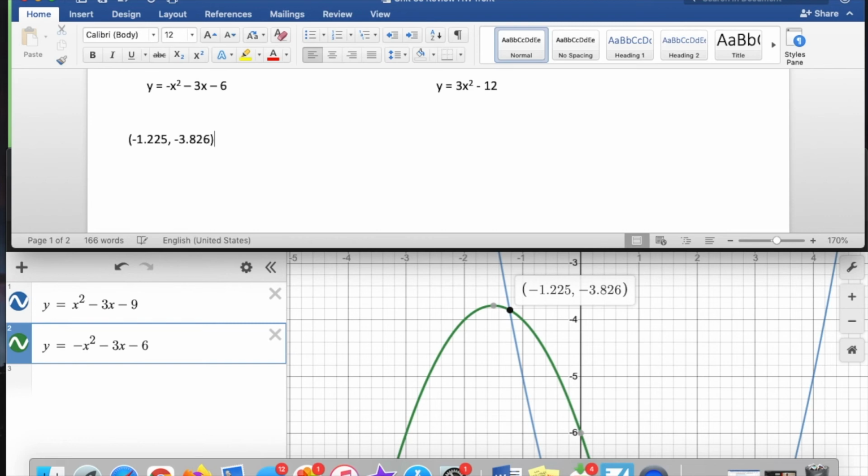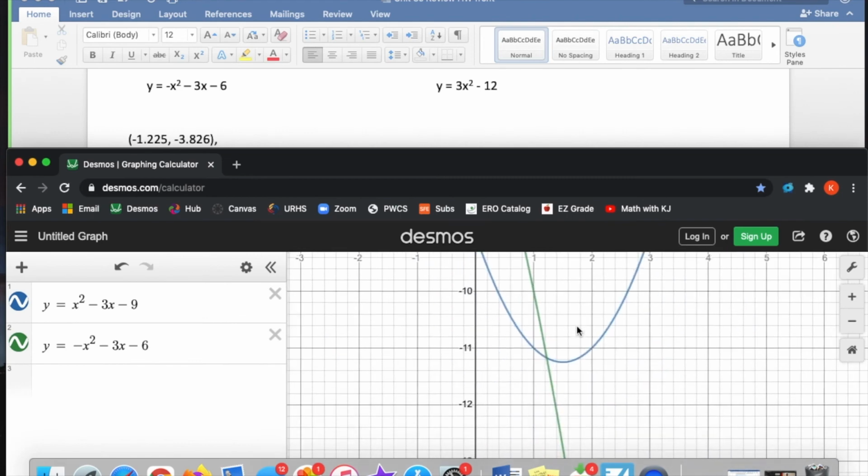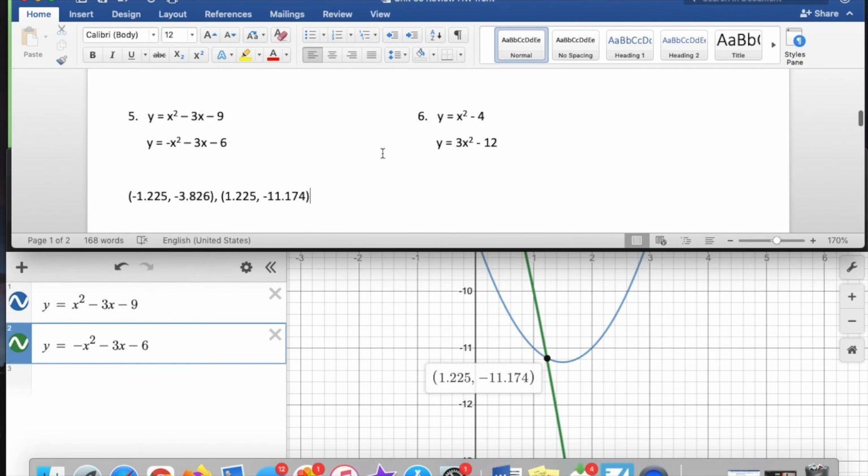Sometimes you'll need to type all three decimal places. Sometimes it'll say round to the nearest tenth or something. And then this bottom one here, positive 1.225, and then negative 11.174. So again, decimals for that one. That's okay, that happens. But there are two places where these curves intersect each other.